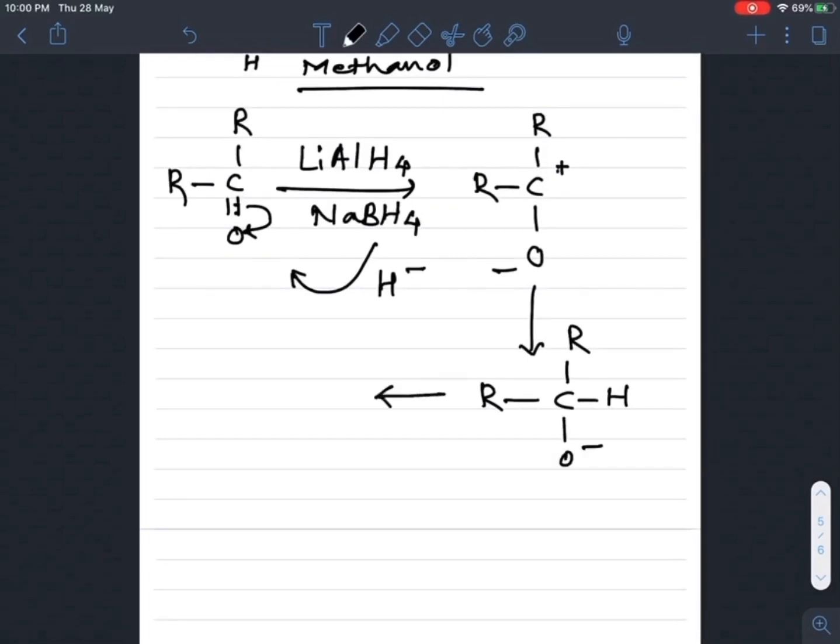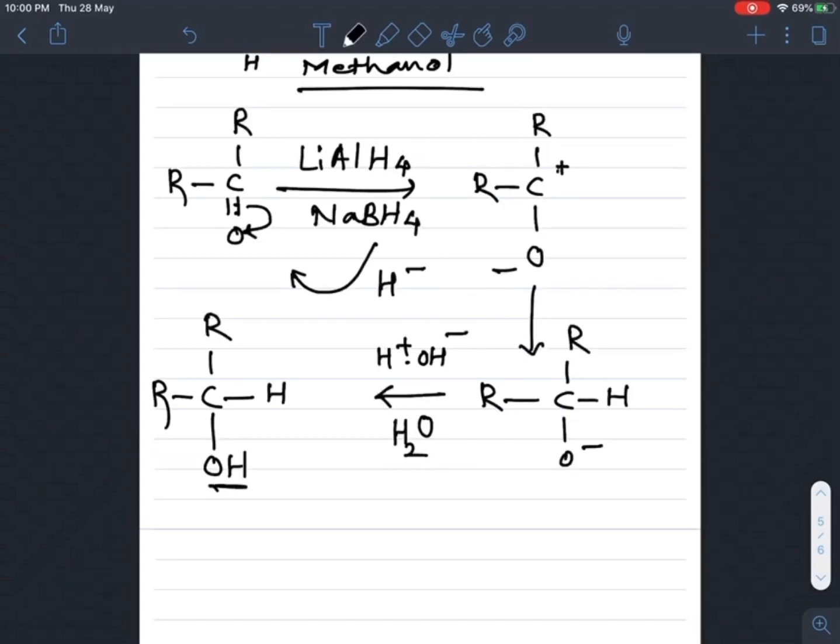Now further it comes in contact with water. So water breaks like this way, H plus and OH minus. This H plus forms a bond with this oxygen, and finally we get its corresponding secondary alcohol, R as it is, here H is as it is, and the oxygen forms the OH group.